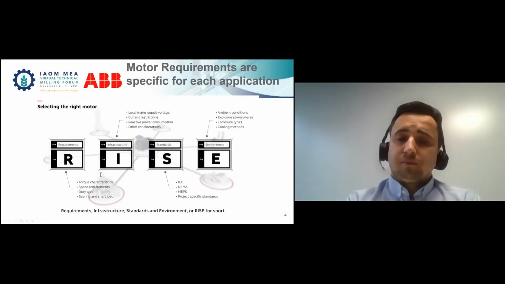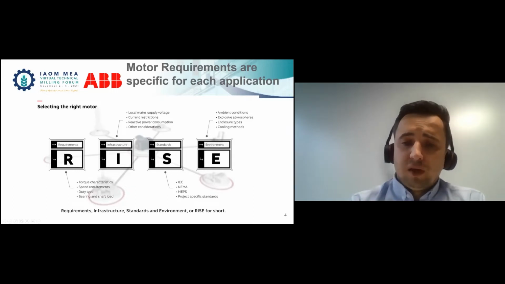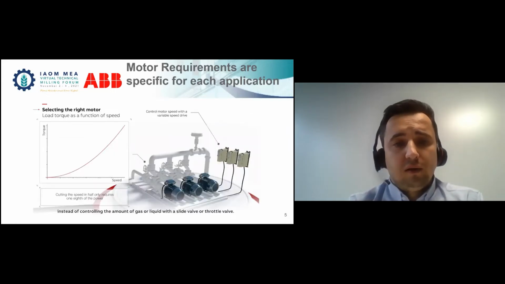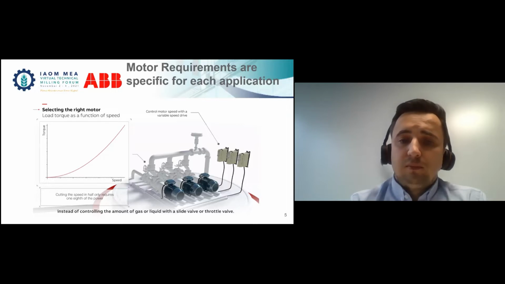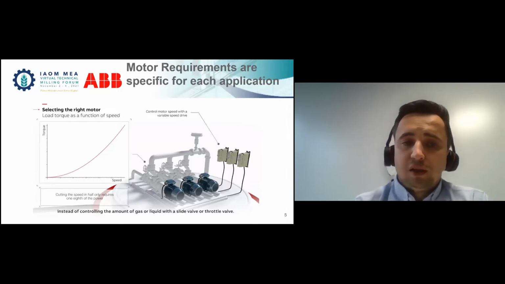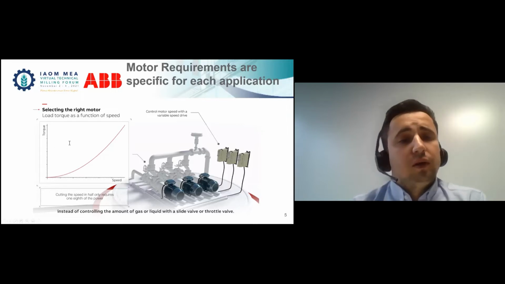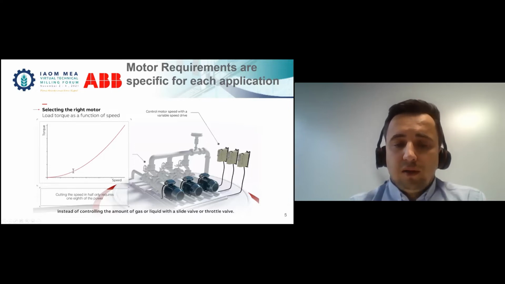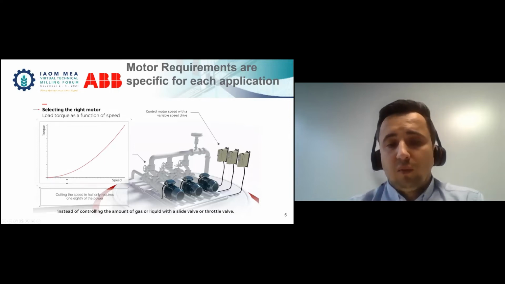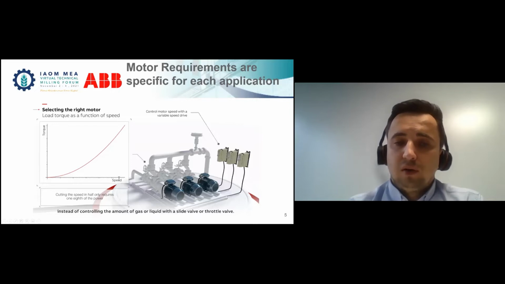As an example, we have a pump, and the torque requirements are different than for other applications. Here we see the torque as a function of speed, and the torque is quadratic, rising in a quadratic shape with the speed.